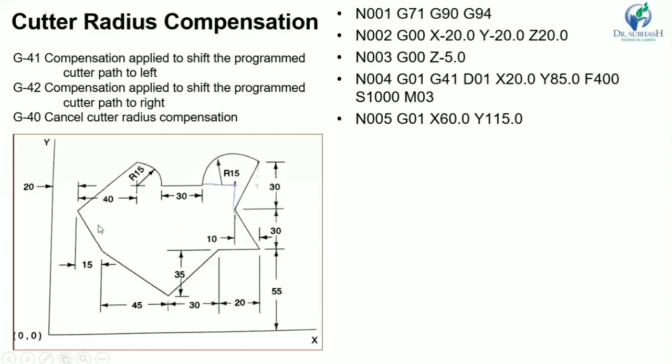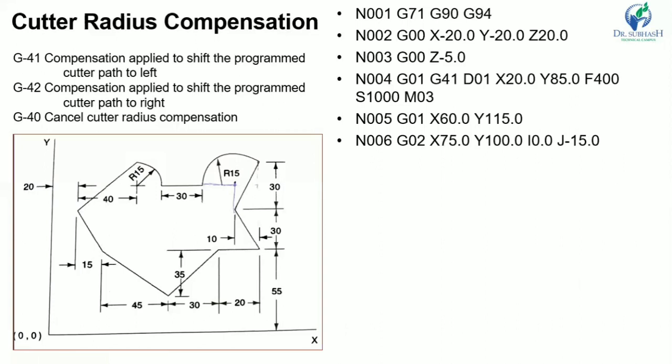X60 means here this is the 20, and 15, then from here 40 plus 20, so it will be here. And Y is 115, so X60 and Y115.